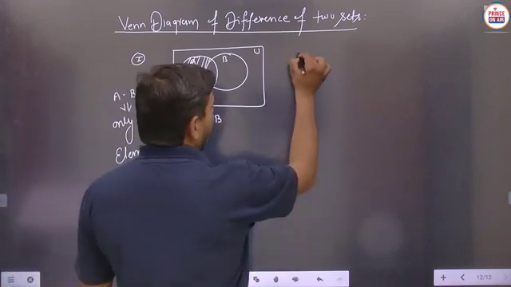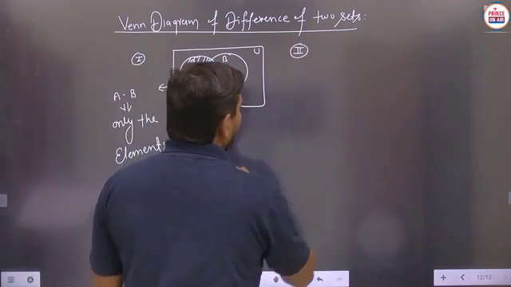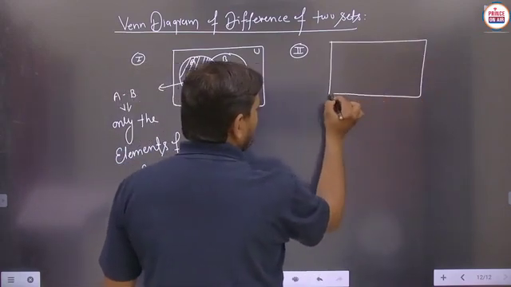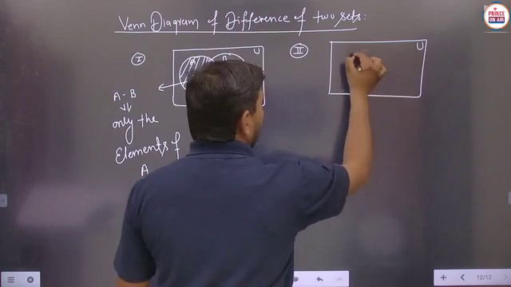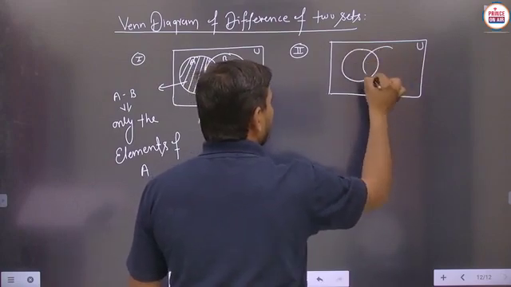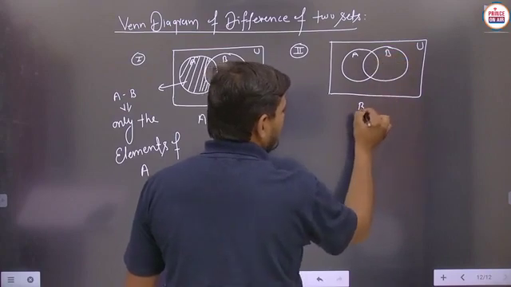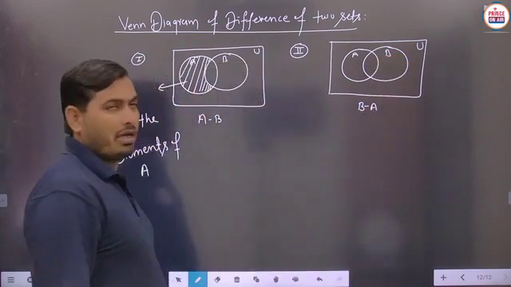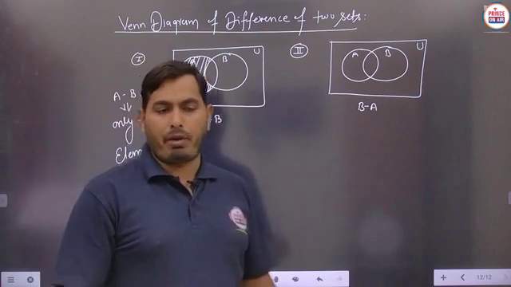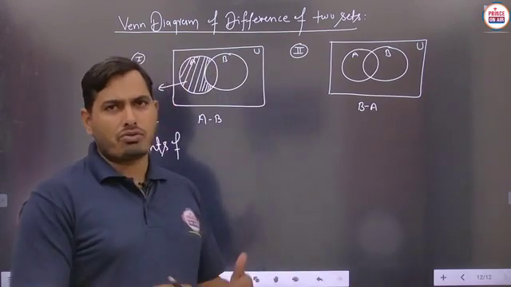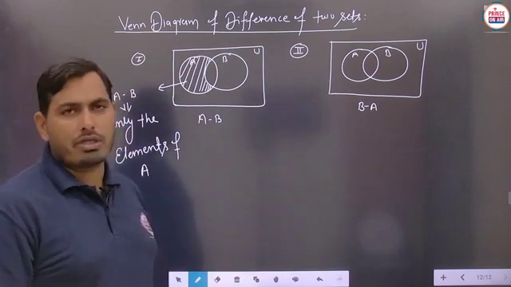Similarly, the second part corresponds to B minus A. Suppose we have to see the two sets A and B. Then suppose we are interested to know the Venn diagram of B minus A, meaning we want to know which region belongs to B minus A. That part is shaded, and the shaded part always represents the answer here.